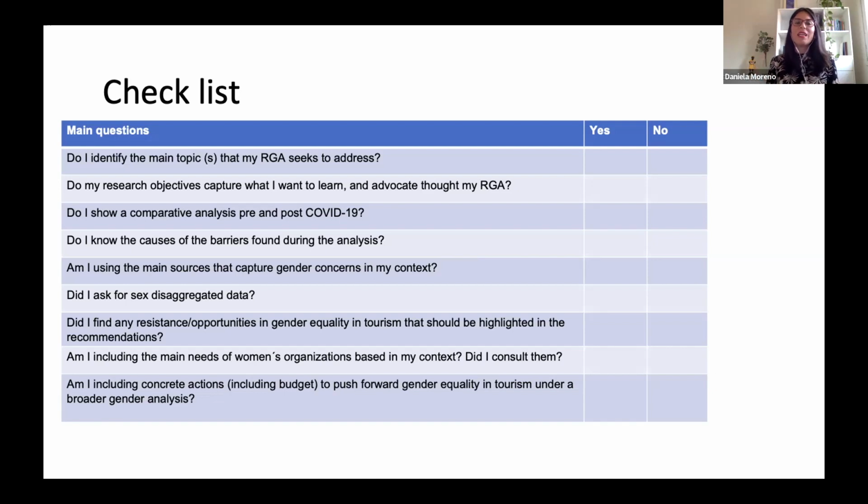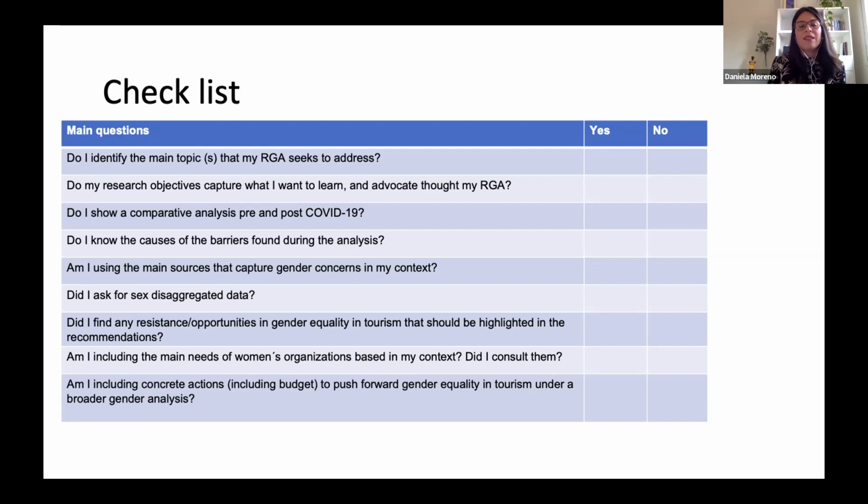It is a very good idea to review your research objective when completing matrix number 2, because maybe you are going to make some changes to your research objectives, because after completing matrix 2, you're going to have a better idea of what you want to do. So please always come back to your research objective and take a look.